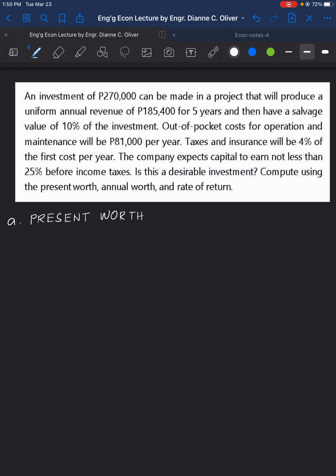Let's solve. Since this is only one alternative, what we will compare here will be the cash inflow and the cash outflow in order for us to see if this is a good investment. So we will compare the cash inflow and the cash outflow.